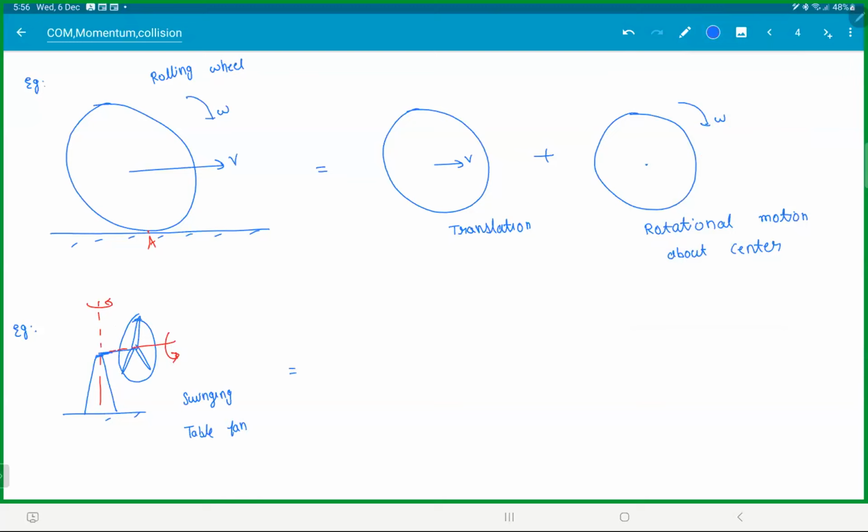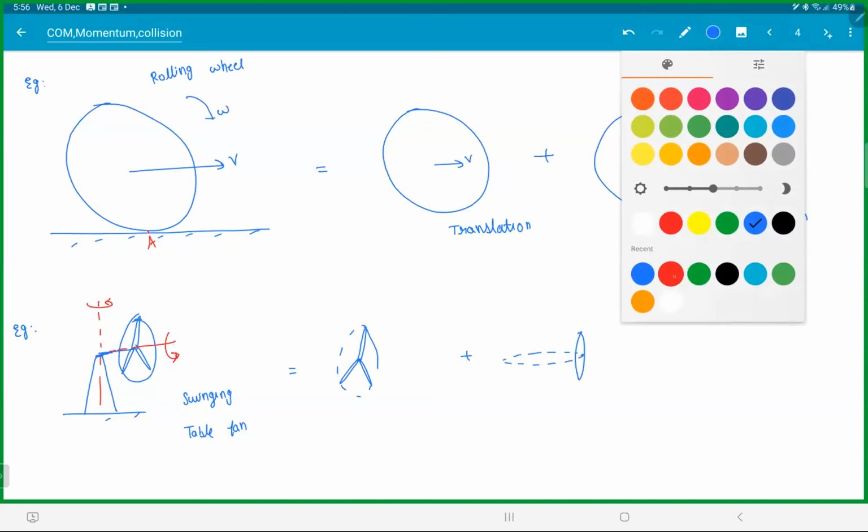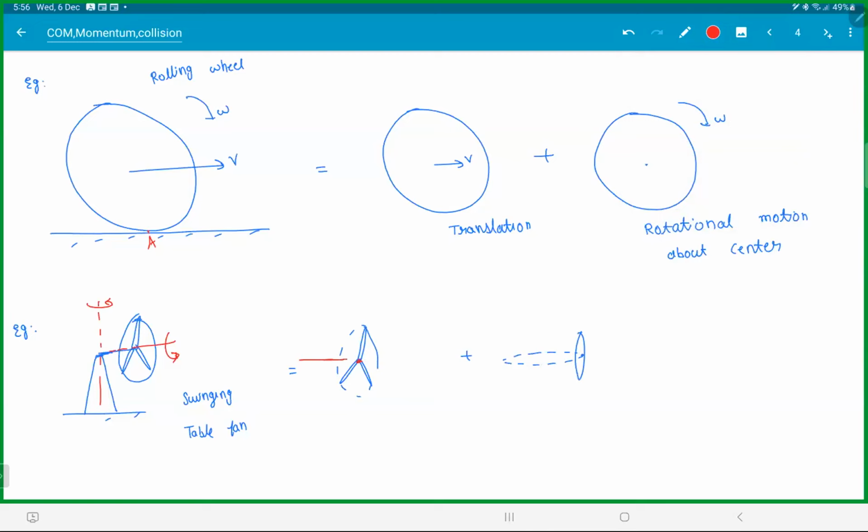This can be split into two parts: rotation about its own axis, and a rotation about this thing. So it's a rotation plus rotation. You can have combinations like double rotations. Every time you need not have translation plus rotation only. You can have anything.